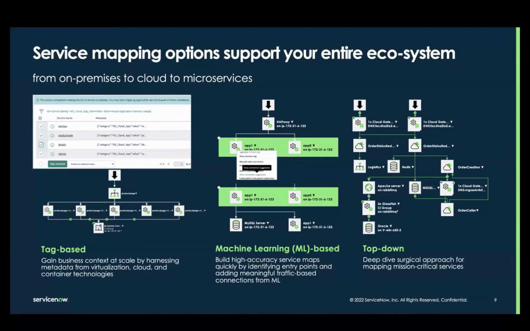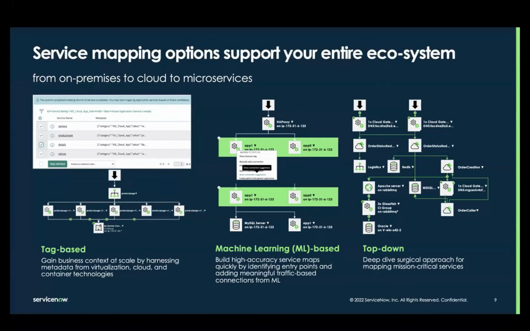In this case, what we want to do is to solve the big issue that you may encounter when you need to define your entry point, when you're trying to define and to map your application services. And instead, we'll automatically provide you with ML-based service suggestions. And basically, you'll be able to get to new maps or to add to the existing maps that you might have created, in a very simplified way.